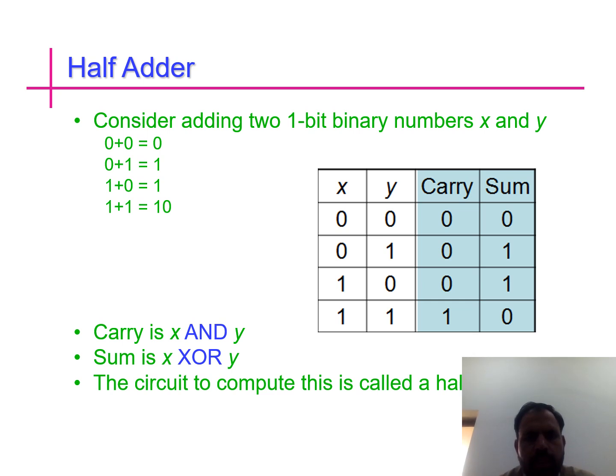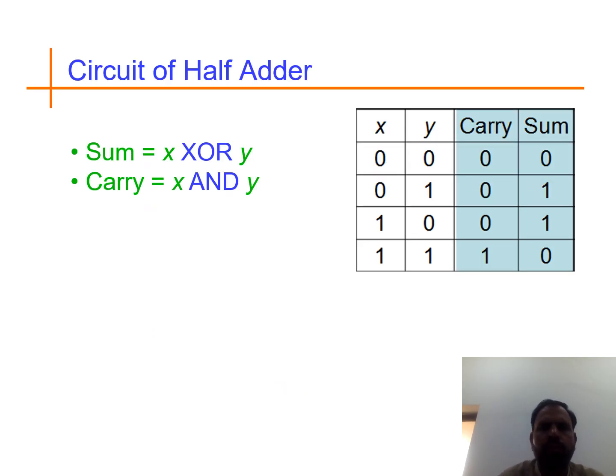Carry is x and y, sum is x or y. The circuit to compute that is called a half adder. Circuit of half adder: the sum x or y, carry x and y.